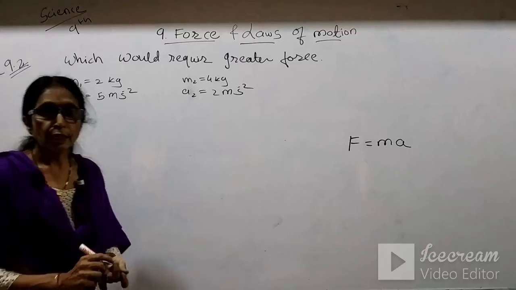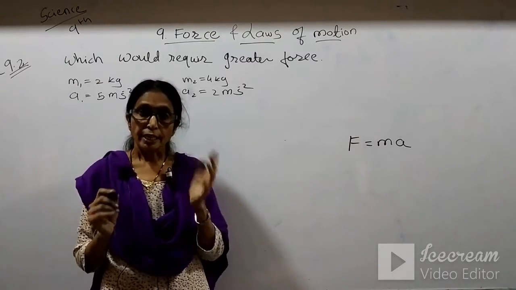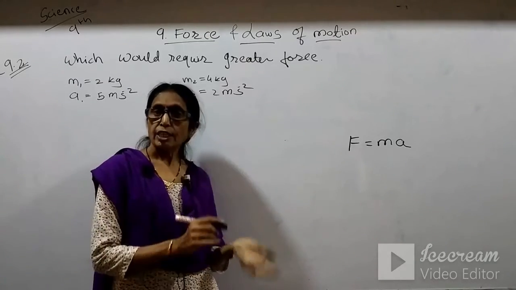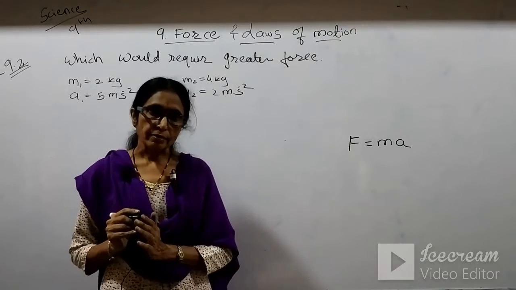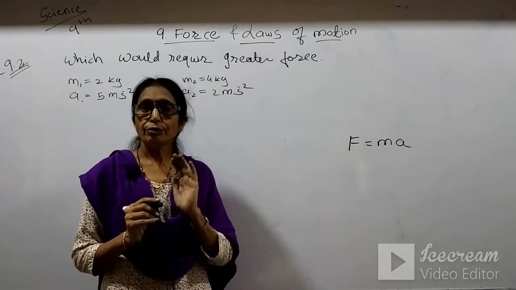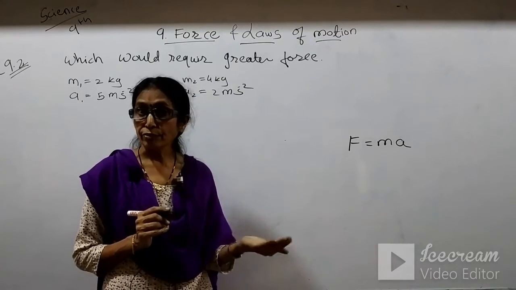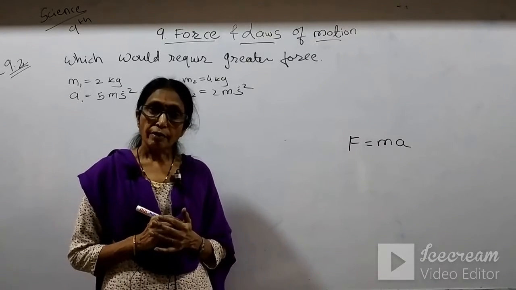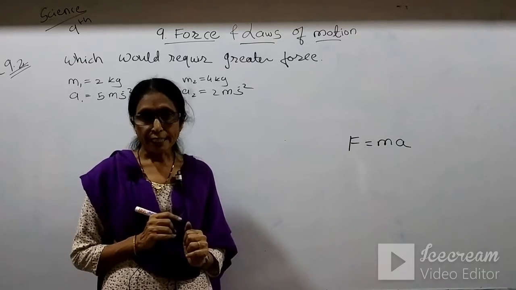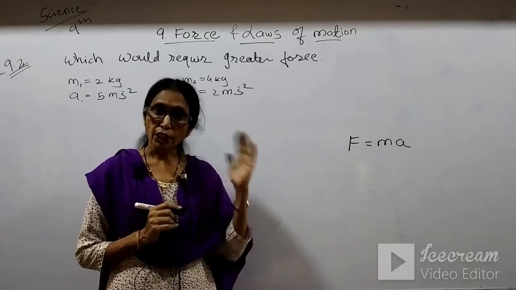So here there are two different cases. In both cases, acceleration is given, mass is given, and we have to find out which one requires the greater force. So our first step is to find the force in each case.